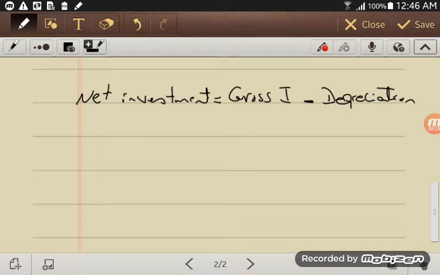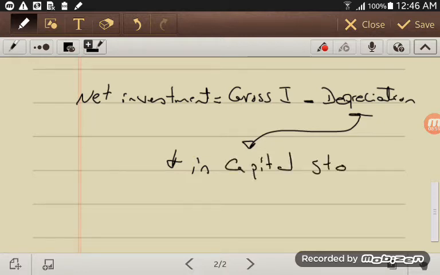What's meant by depreciation? Depreciation means decrease in capital stock due to wear and tear, or in other words, capital is depleted.